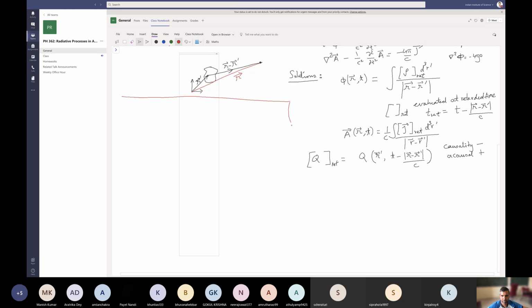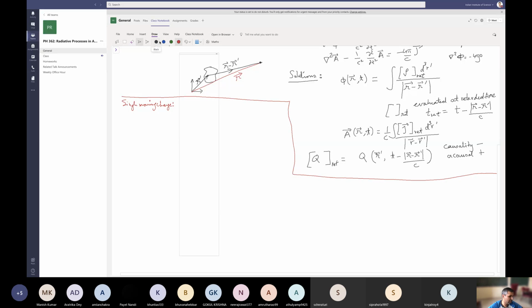Let me create some space and continue here. Let's see, a single moving charge. Here we were considering some extended charge distribution. Now a simpler case is a single moving charge.